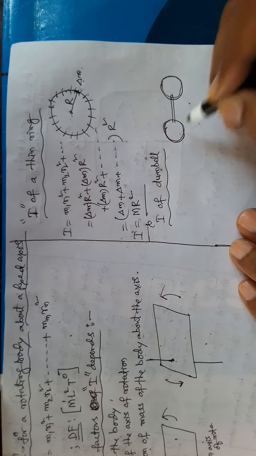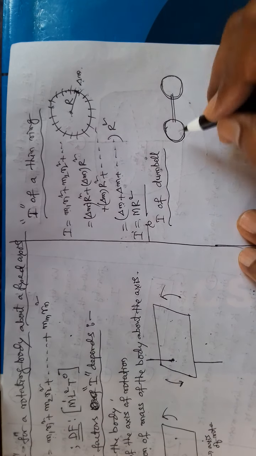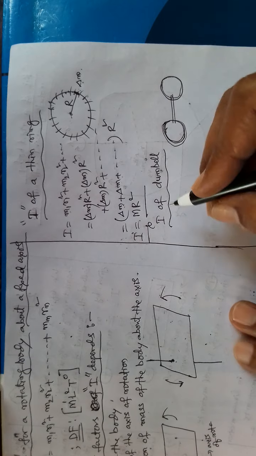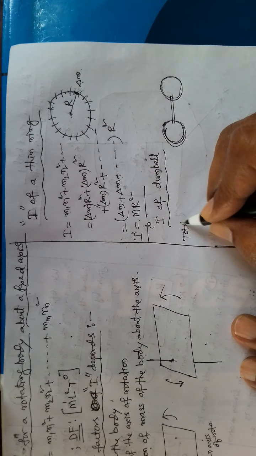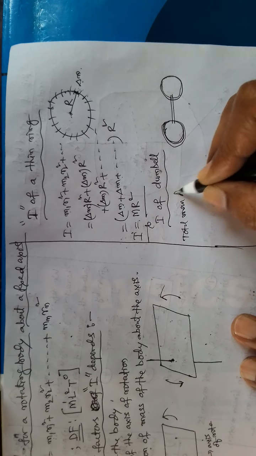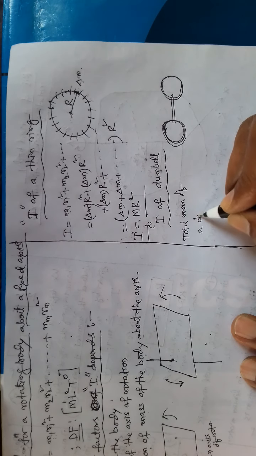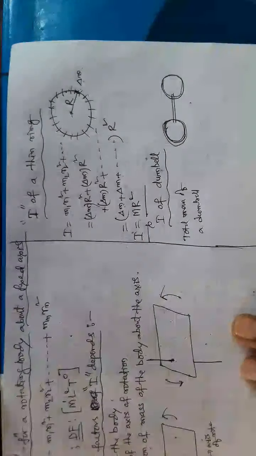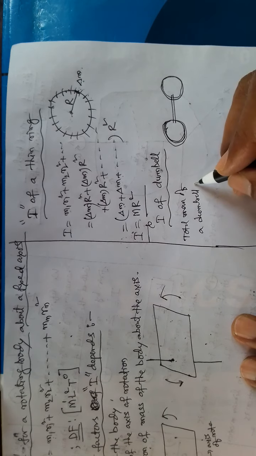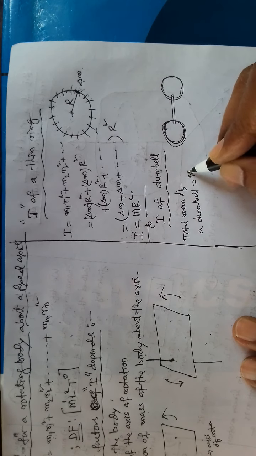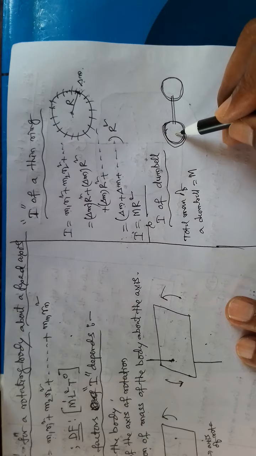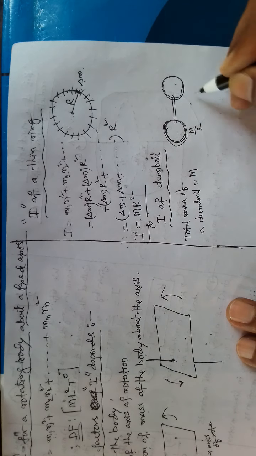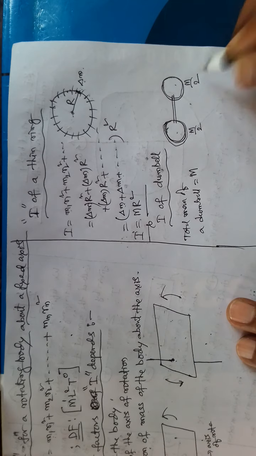Suppose the total mass of a dumbbell, if you put the dumbbell on a balance, is capital M. Since both are having the same masses, this will have M by 2, this will have M by 2.